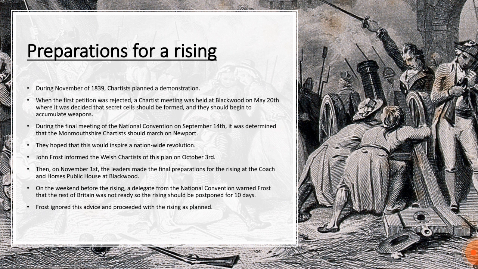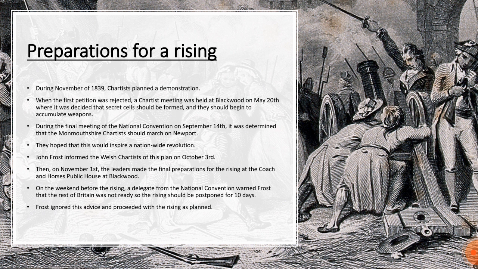They hoped that this would inspire a nationwide revolution. John Frost informed the Welsh Chartists of this plan on October 3rd. Then, on November 1st, the leaders made the final preparations for the rising at the Coach and Horses public house at Blackwood.